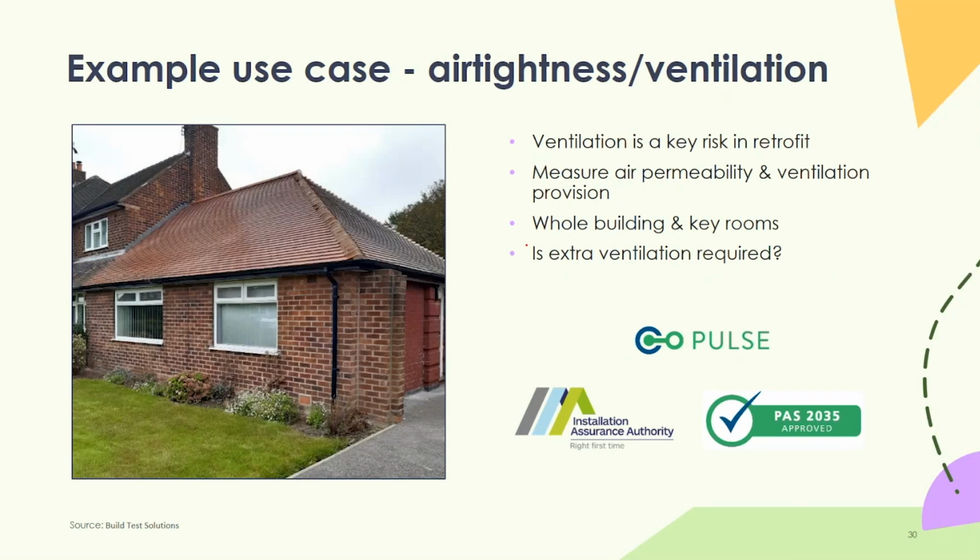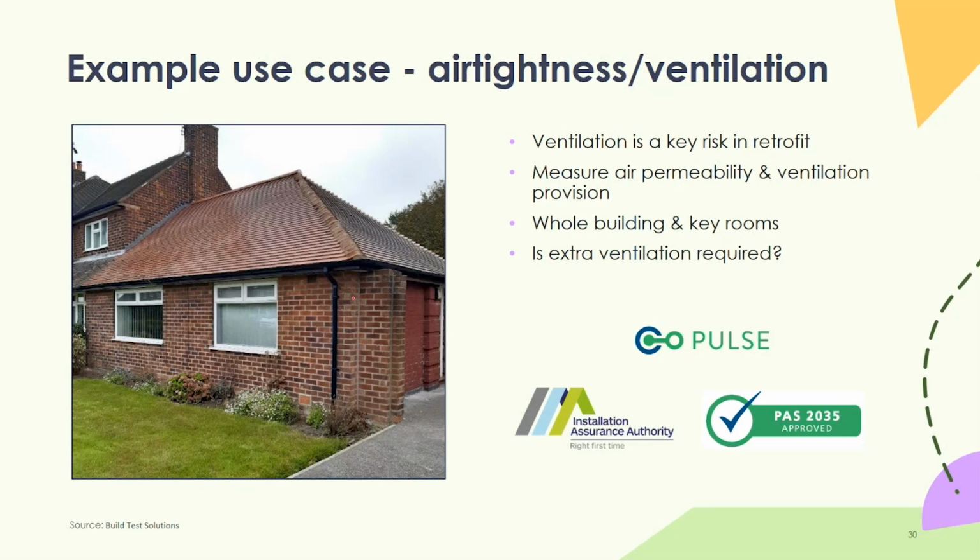And then some of you will be familiar with the Installation Assurance Authority Trustmark process of background ventilation testing. Clearly, ventilation is really important in our buildings for healthy internal environments. And so this small bungalow, the whole building was measured for airtightness, but then individual rooms too, to find that there was one, I think in this case, one particular bedroom where the door was rubbing on the carpet, and that room was particularly airtight.